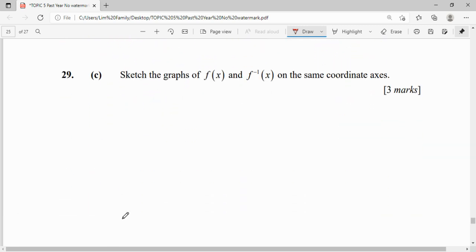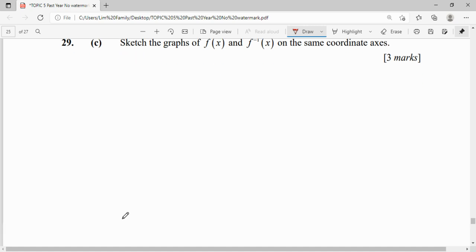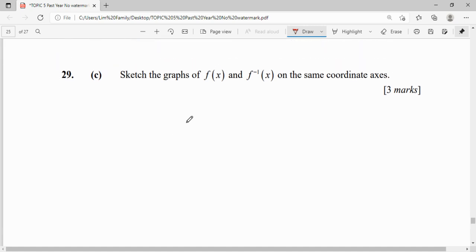Next, for question C, they ask us to sketch graph f(x) and inverse on the same axis. So that means we are going to draw our function f(x), then we will do the reflection on the axis of reflection y equals x, and then we get our inverse function graph.